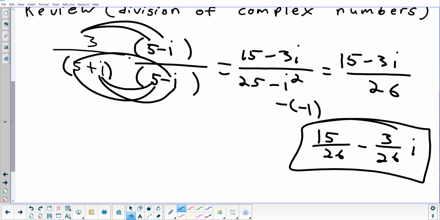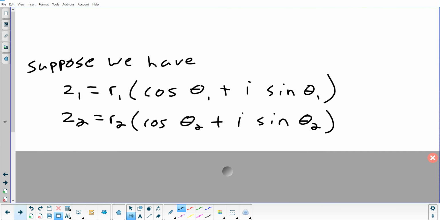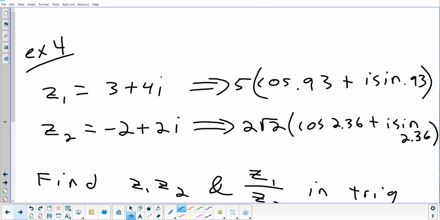So, again, a lot of stuff you got to remember. Well, let's look at how we could take two numbers and multiply them together in trig form. So if they're in trig form, they're going to be written like this. You'll be given a radius, and you'll be given an angle. In this case, it looks like the angles are in radians. That's fine.